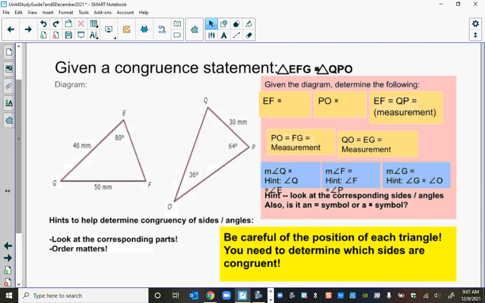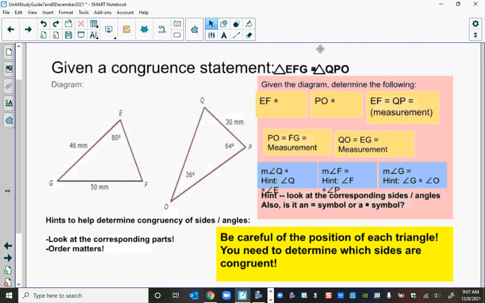But again, the key, take your statement. Write one of them above or below the other. Now this is going to help us match up everything.